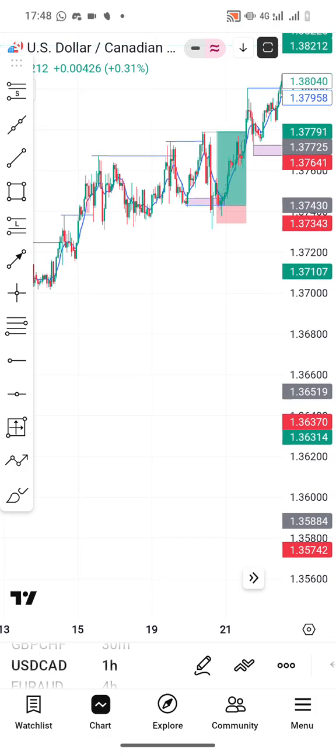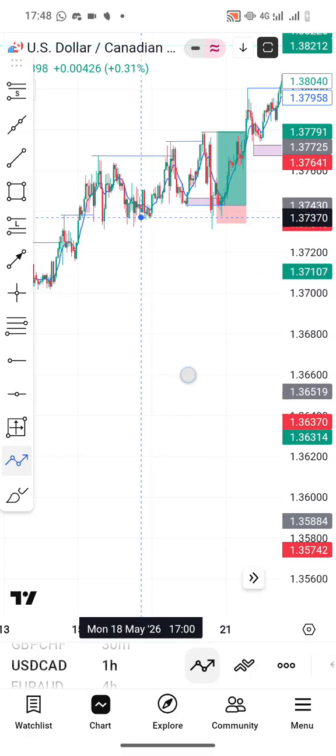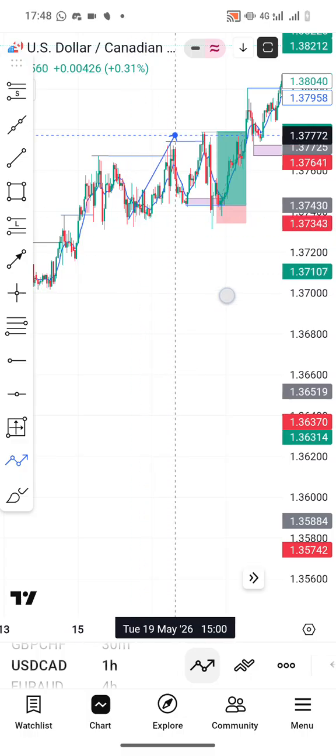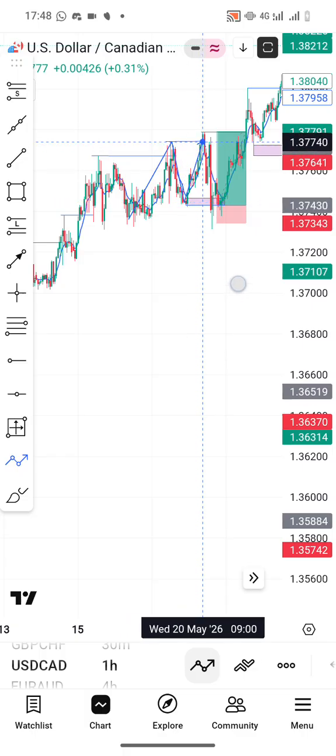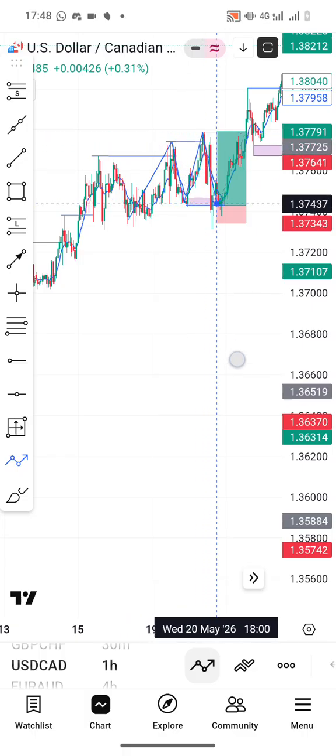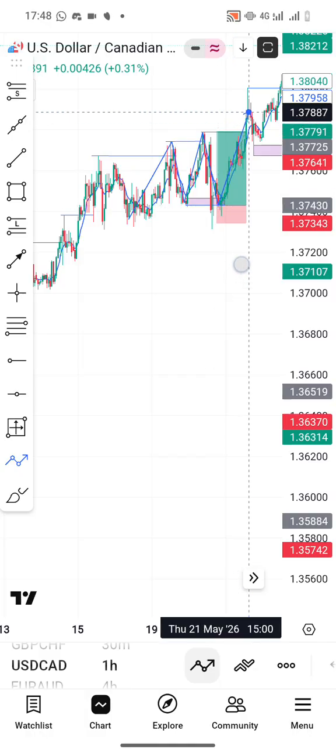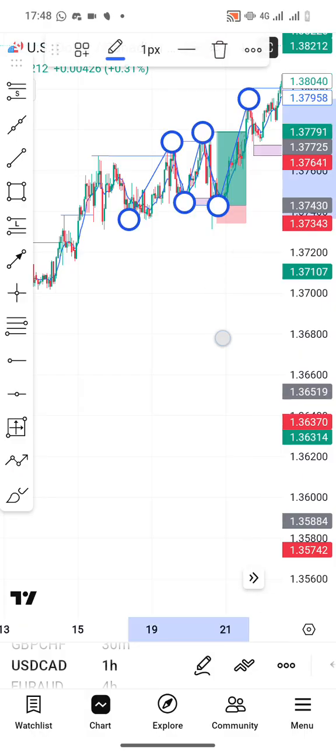If you came here, you see the market broke into new highs, came back, and broke into new highs again. This pullback came back into our entry. If we were to put a position right here, we break into new highs.